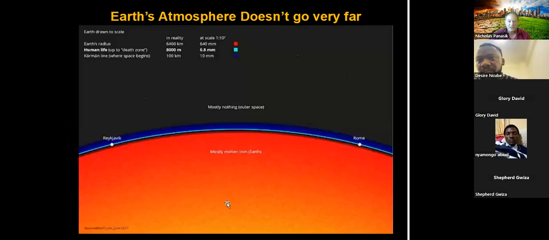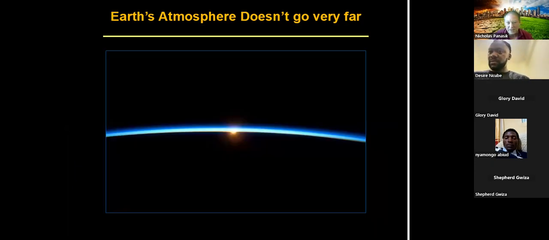So here's the Earth. The red stuff here is the lava, the mostly molten core of the Earth. We live on this thin surface, and then there's this thin band that comprises the troposphere, the stratosphere, the mesosphere, and the exosphere. Here's another pretty picture to give you kind of an appreciation of that.